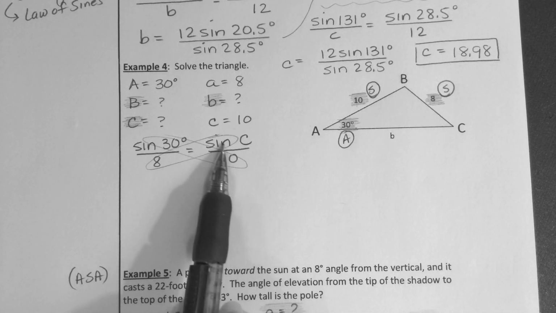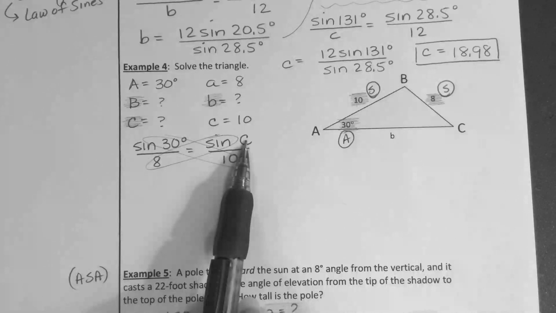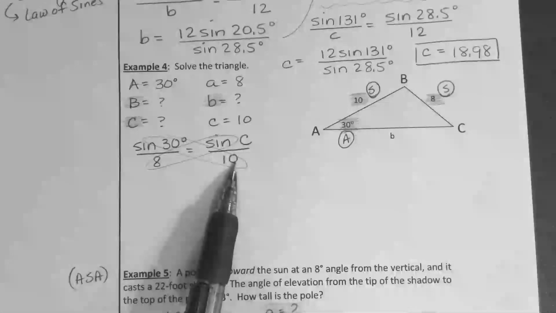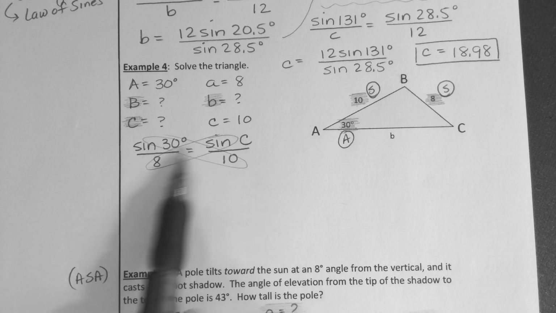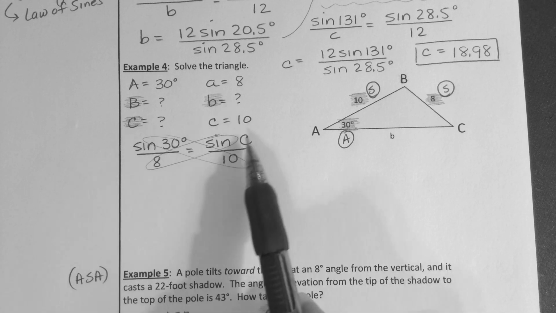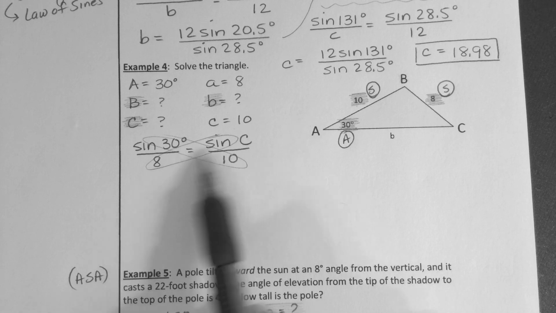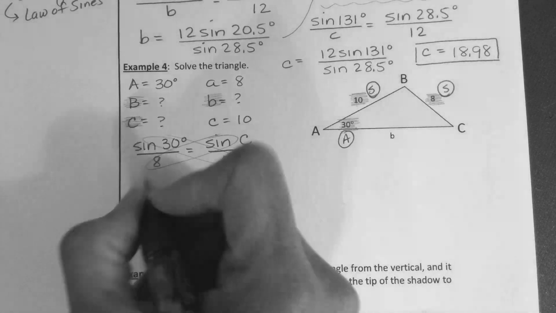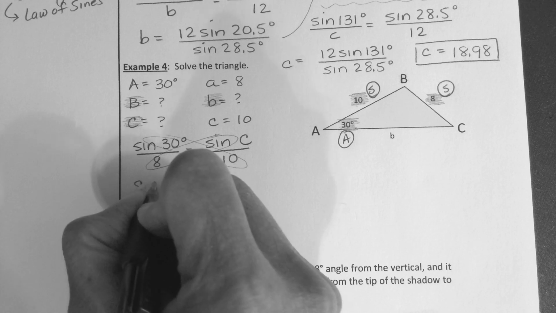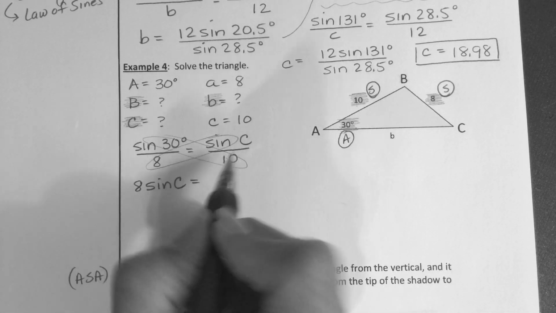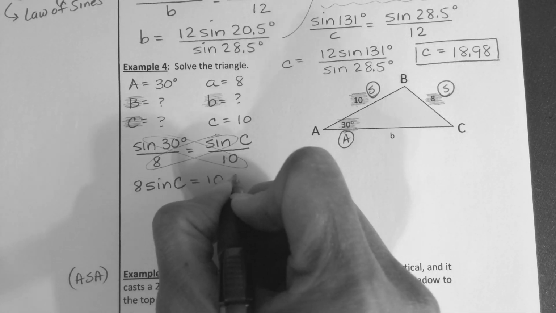So sine angle C is blank over the little lowercase c, which is 10. You're still going to do your cross multiplication. Since this pair has my unknown, I'm going to write this one first. You're still writing the 8, the side length, in front of your trig function, and then the 10 sine 30 will go right here.